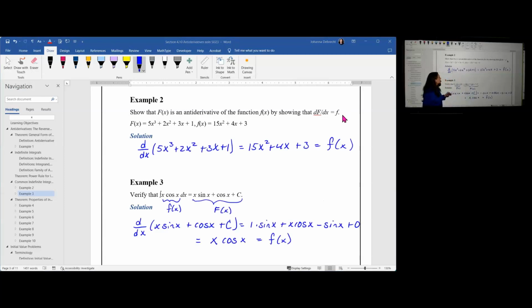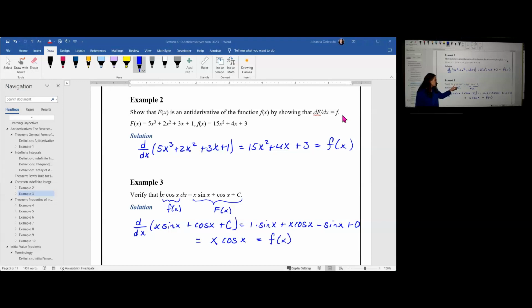Let's compare our results. To prove that this is the antiderivative of this, I take the derivative of the antiderivative, which gives me 15x squared plus 4x plus 3, which is the lowercase function f. In example 3, it's asking the same question, but in a slightly different format.